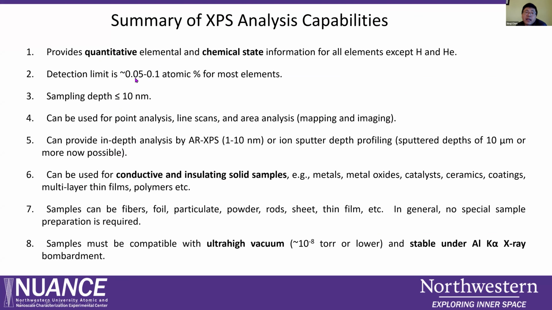For heavy elements it is more sensitive; for light elements it may be just 0.1. The sampling depth is 10 nanometers, and you can do point analysis, line scans, or mapping, and also depth profiling. Conductive and insulating samples all work.